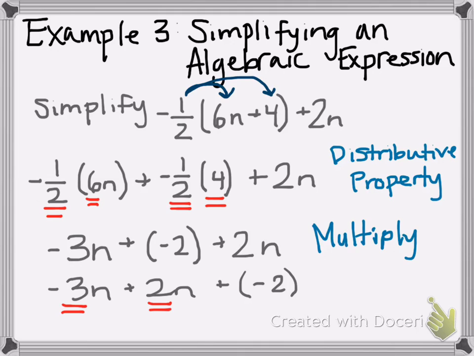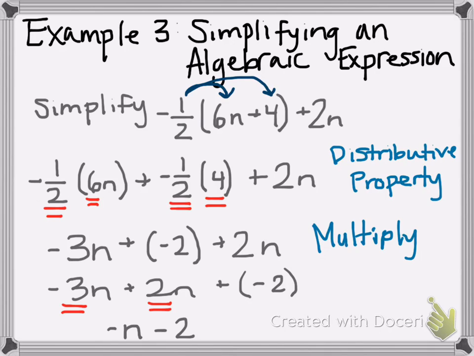So my answer would be negative 1n. I find the difference, which is 1, and I keep the sign of the larger, which is negative. Negative 1. When I have a 1, remember, you don't have to write that coefficient. So I'm just going to write a negative n. And then I get to keep my negative 2.